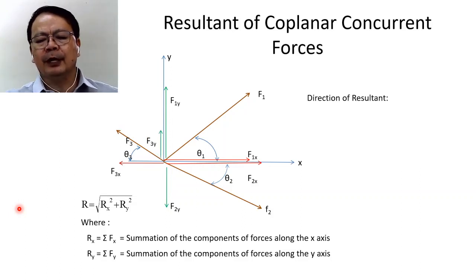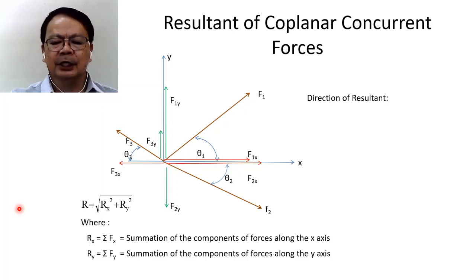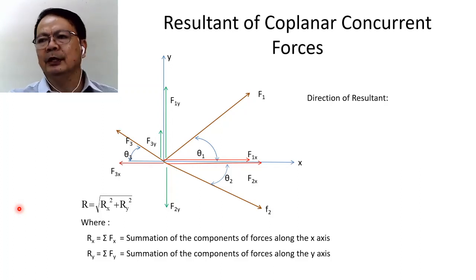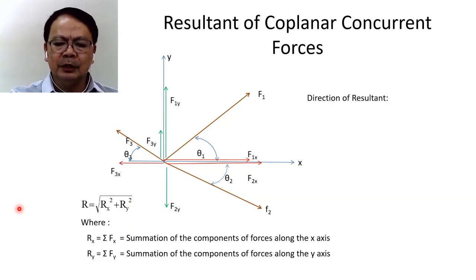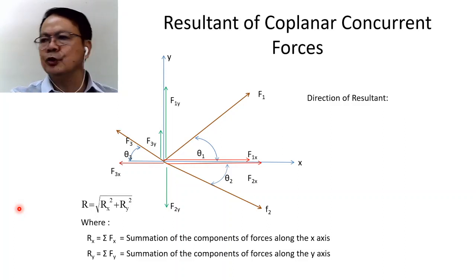In order for us to compute for the direction of the resultant, it is also important that the direction be computed, because according to our discussion previously, the direction of the resultant shall define the motion. If we expect that the object will move upon the application of the forces, then we have to define where it will be moving.